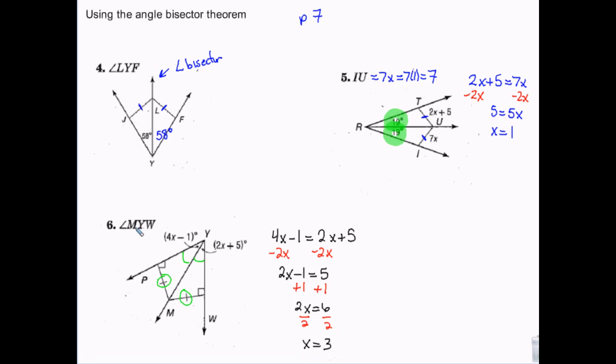And I'm looking for angle MYW. Now make sure on these that you look for the correct angle. MYW is half. That's okay. So we can just plug x in and find out what it is. But if they ask me for PYW, I'd have to solve for this and then double it. So make sure that you solve the correct thing. Plug in your x, you get 6 plus 5, so you get 11 degrees.